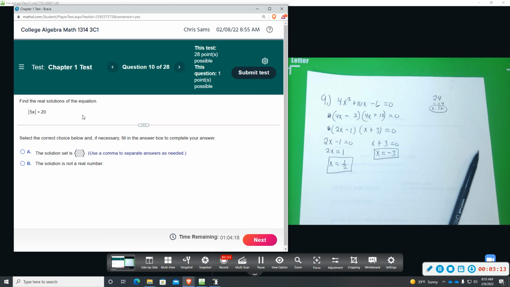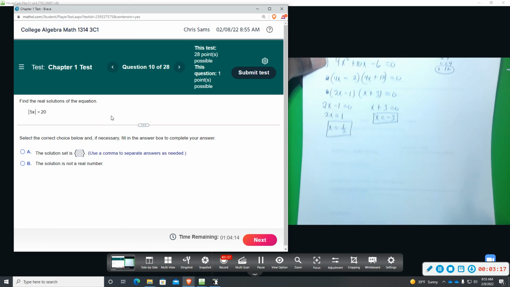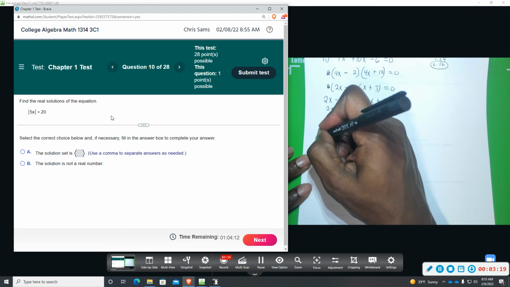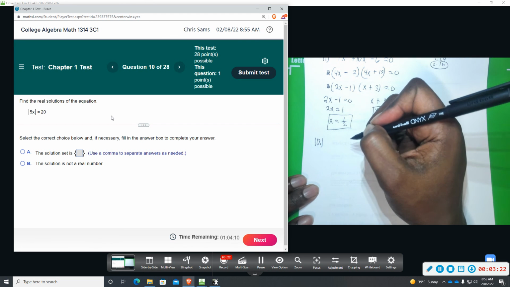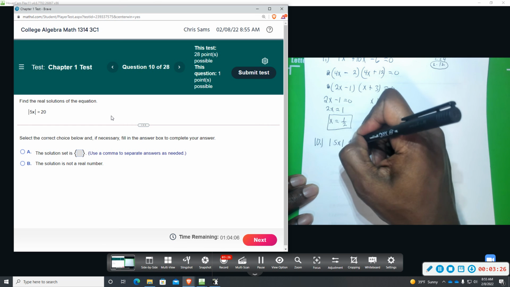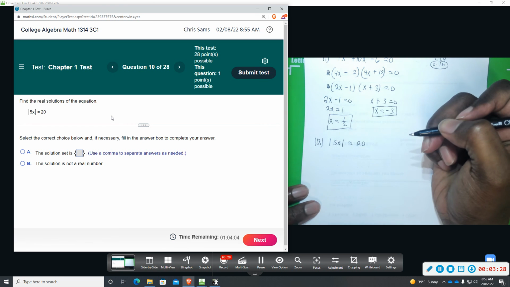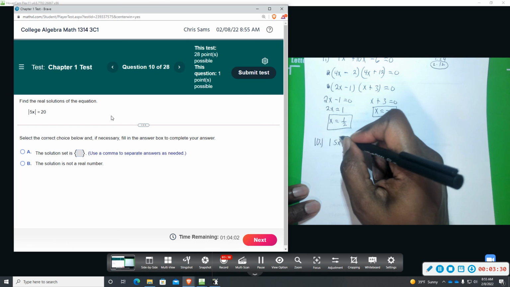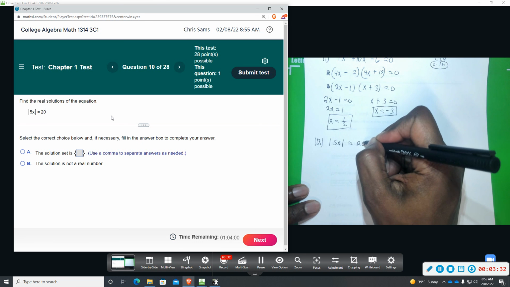All right, number 10, we want to find the real solutions of this equation. We have the absolute value of 5x equals 20. Since it's absolute value by itself, I can set up the problem twice.